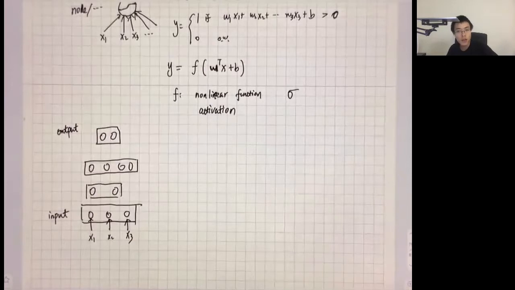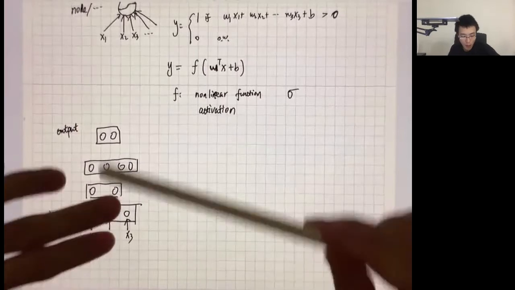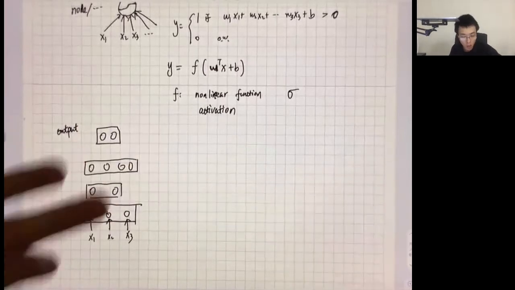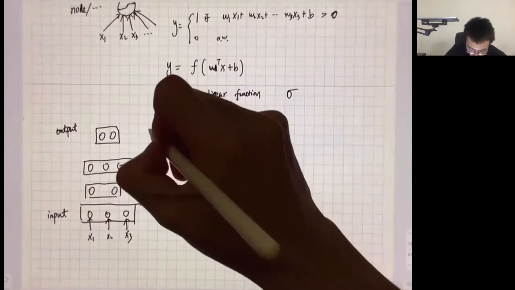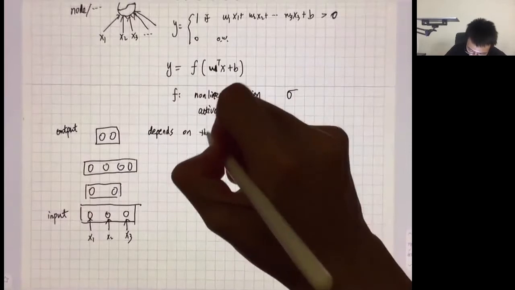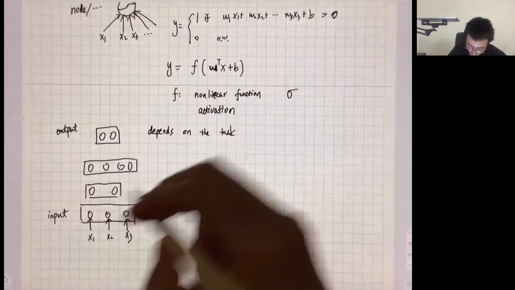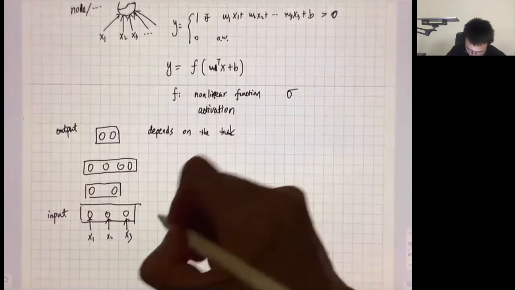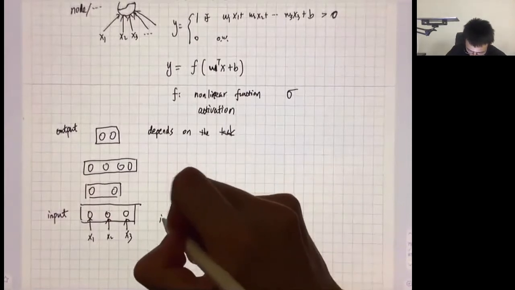If it's a multi-way classification, you can do softmax regression. Then it's basically a linear model on these features, okay? So this is the output layer, depends on the task. This is the input features, okay, data features.